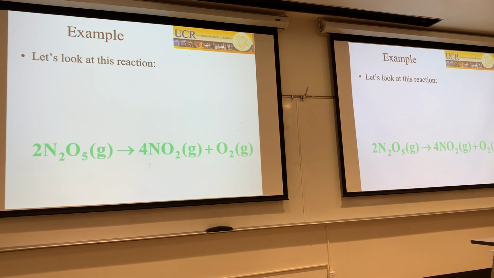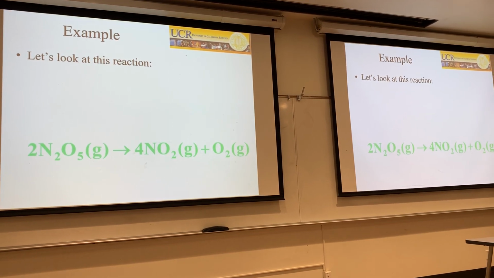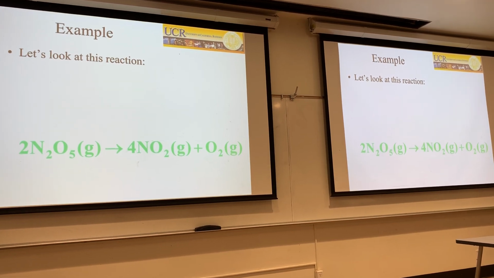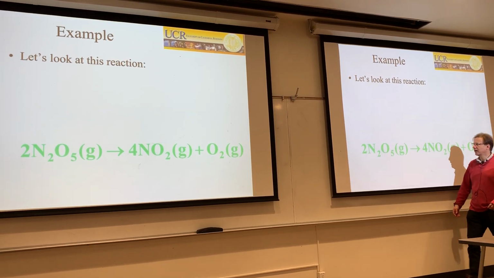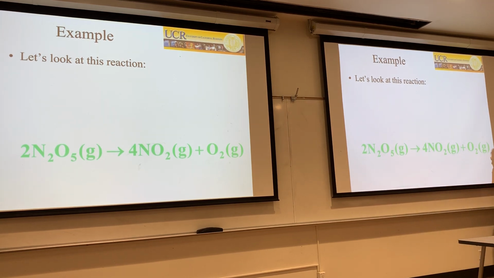Okay. But in order to understand these things, I'll copy and paste the slides which I'm usually using in Chem 1 for that. Let's look at two molecules of dinitrogen pentoxide, N2O5, which is a gas, and which can decompose into four molecules of NO2, which are a gas, and one molecule of O2.